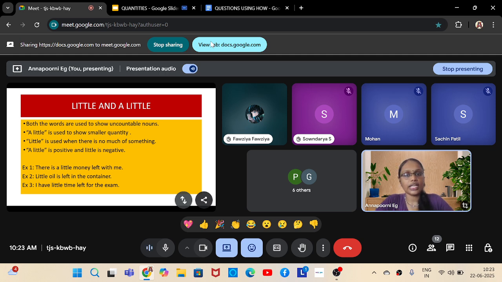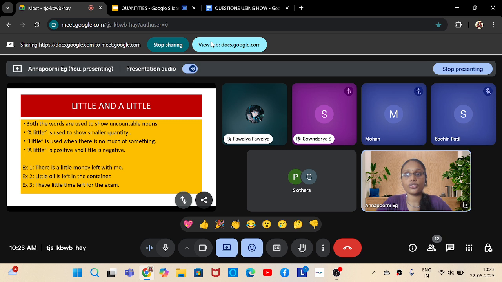Coming to few and a few, we use them with countable nouns, whereas little and a little are used with uncountable nouns. So let's see. Both the words are used with uncountable nouns. A little is used to show a smaller quantity. So remember that though small, it is enough. Keep in mind, the quantity is small, but still it is enough.